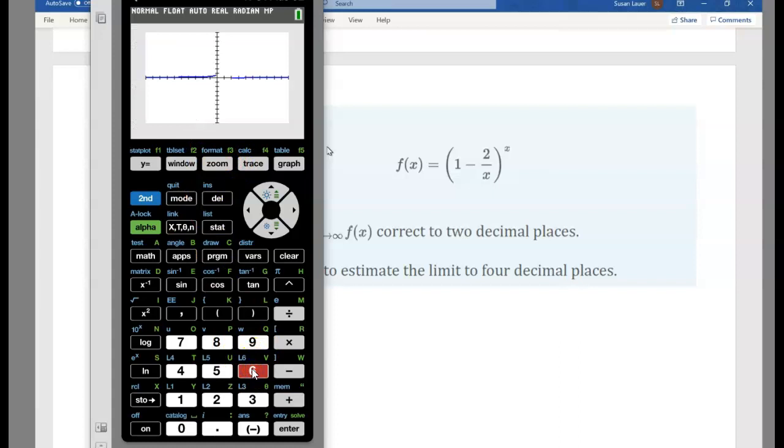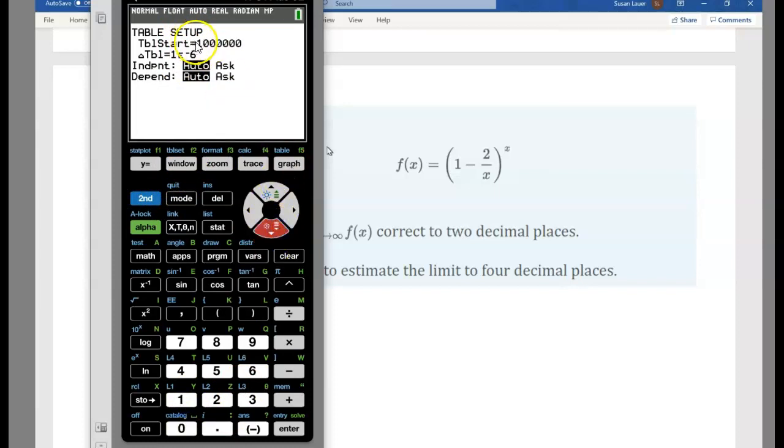I'm interested in the end behavior. So it's looking like at the ends it's actually going to 0. So let's see if that's true. I'm doing second table set, and I want to set it at a large number, maybe 1,000,000. And then instead of making really small steps, I'm going to jump across really large. So 1,000,000 again, so my delta table is 1,000,000 apart.